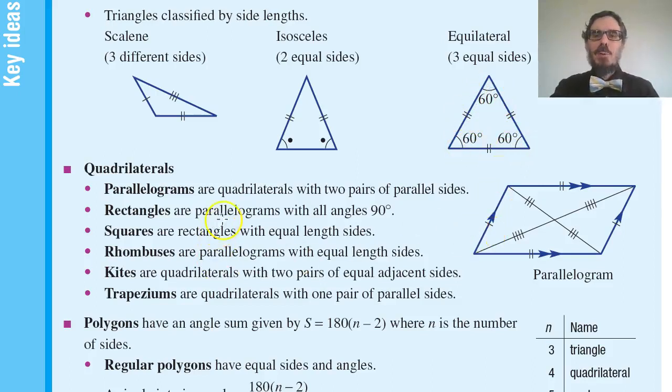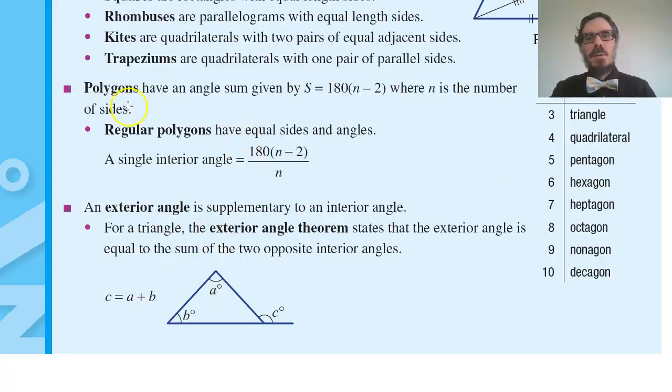I find names of quadrilaterals typically cause more trouble for students. I have a separate video talking about all the precise definitions and names for the different quadrilaterals, so I'll give you a link to that separately. Names for polygons: it's probably worth knowing some of these.